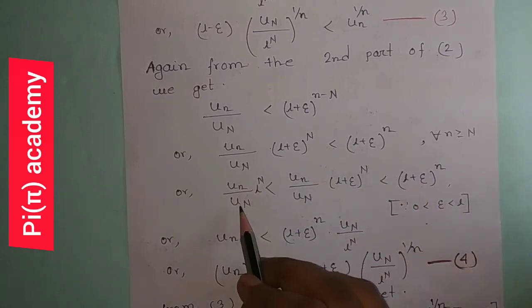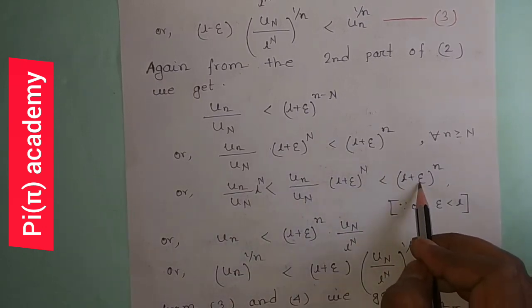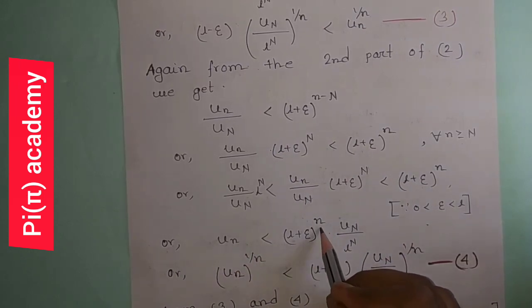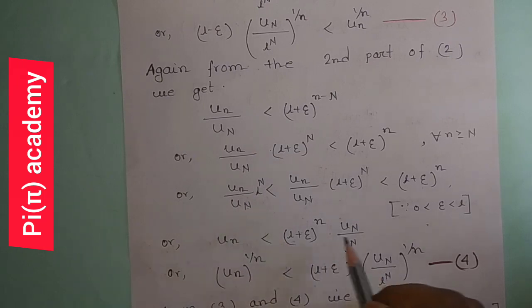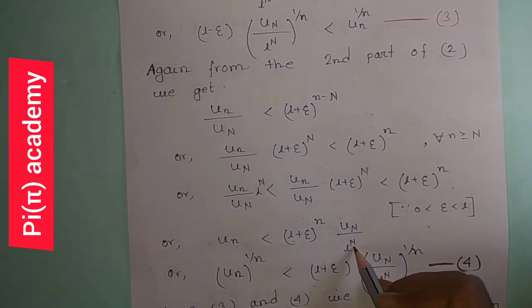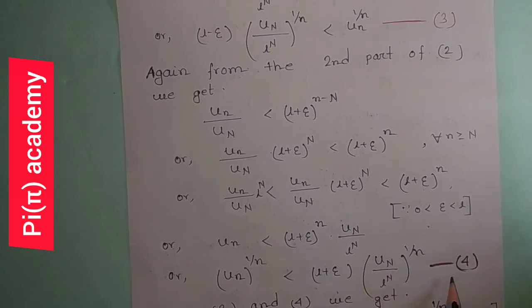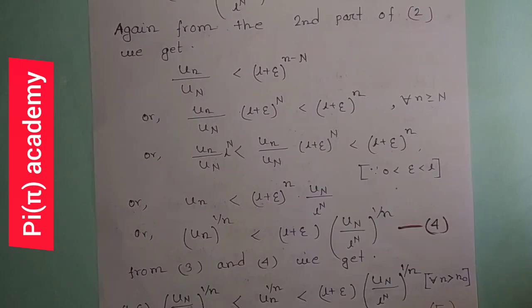Therefore from first and third we get u_n less than L plus epsilon whole to the power n times u_N by L to the power n. Therefore nth root of this is this, and nth root of this equal to L plus epsilon times u_N by L to the power n, whole to the power 1 by n. This is equation number 4.